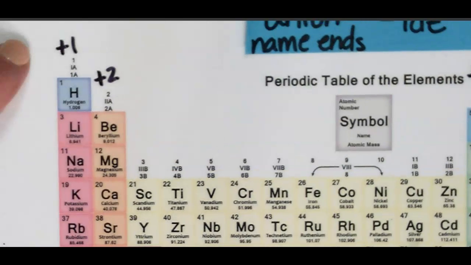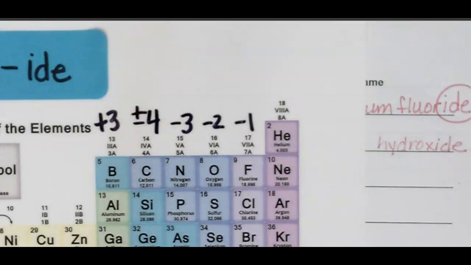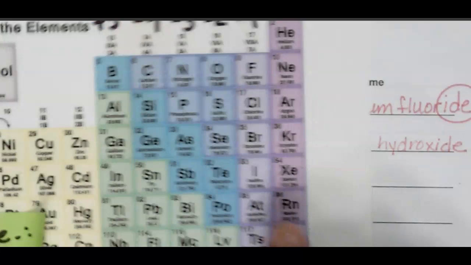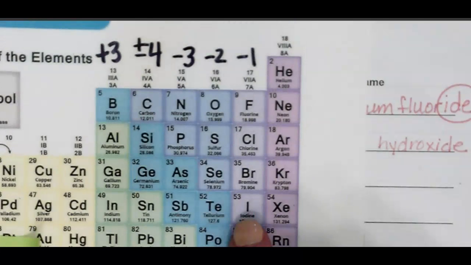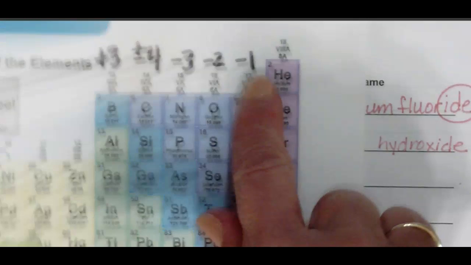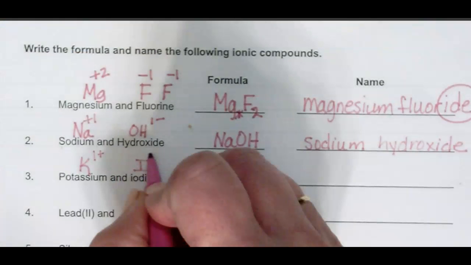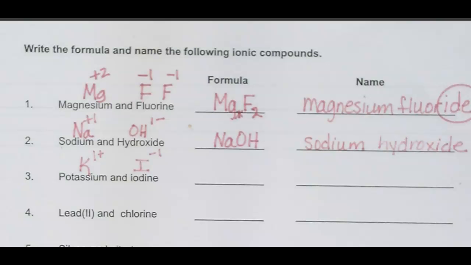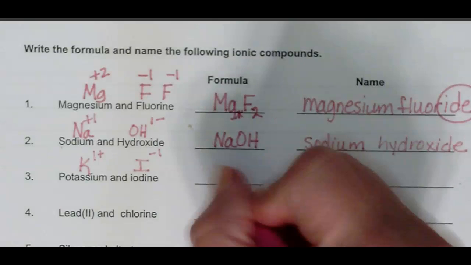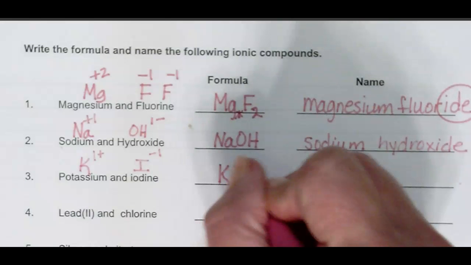It is a +1. I'm going to find iodine over here, and it is a -1. So +1, -1. Just like above, they're going to zero out. So I only need one of each. So it's KI.